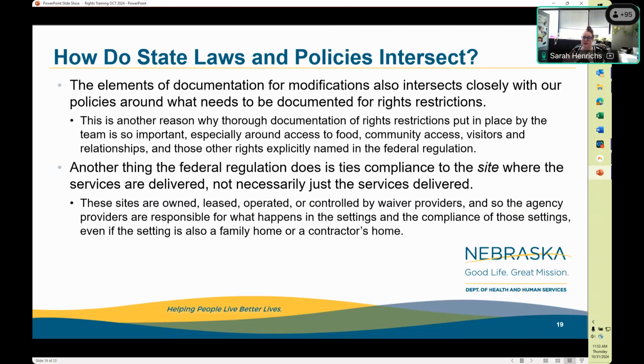It is also a Medicaid services setting, like a hospital, not the same, but you know what I mean. There are rules around that that are different from when it's just your private home. And it is our provider's responsibility to ensure they're responsible for what takes place in that setting, because they are operating it, even if it is their contractor's private home. And so they have a greater responsibility there.